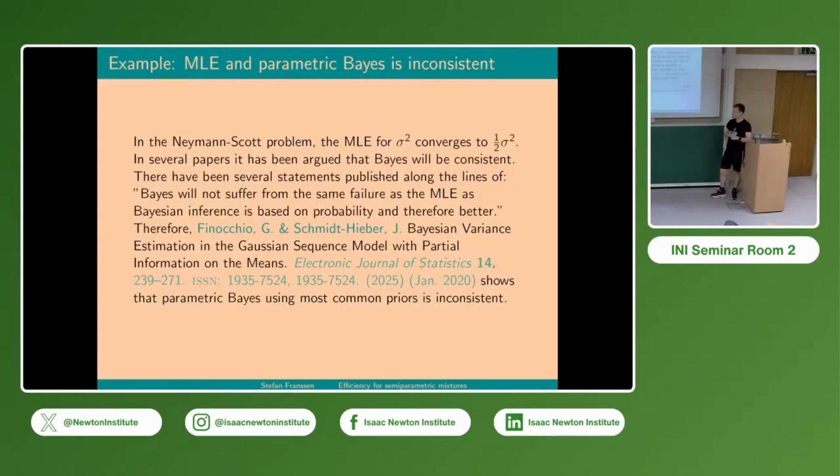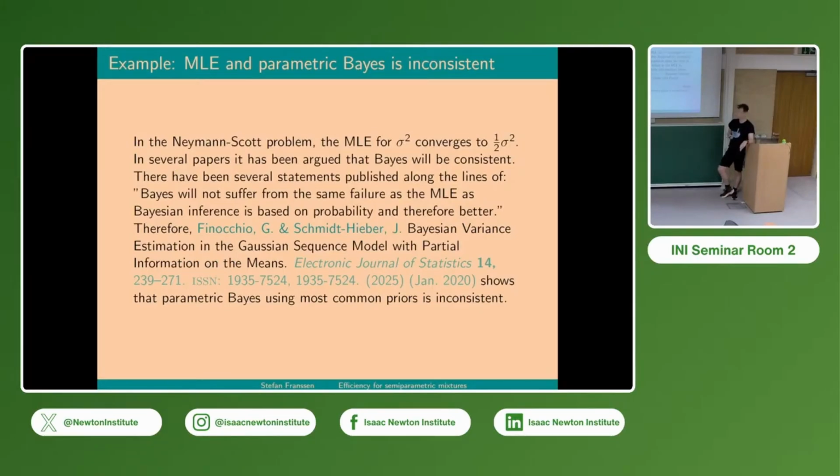People believe that things don't go wrong for mixture models, that you can just treat them by putting IID priors on each of the missing latent variables, but that's just not a thing. It will be inconsistent, and they tend to actually converge to the wrong a half sigma squared.